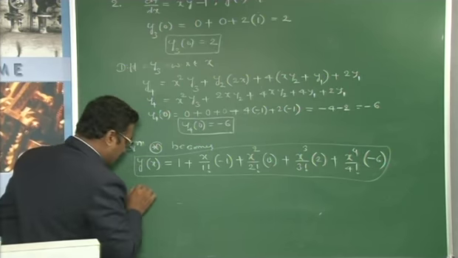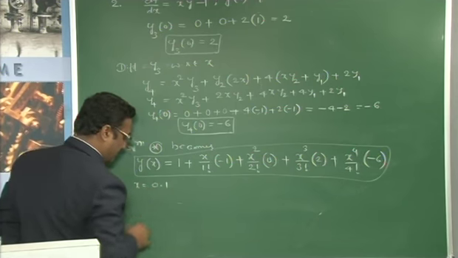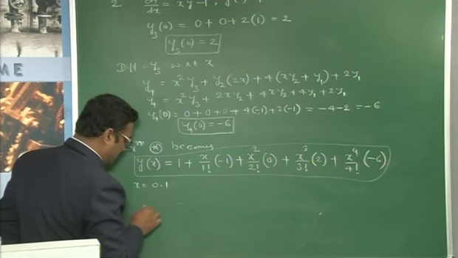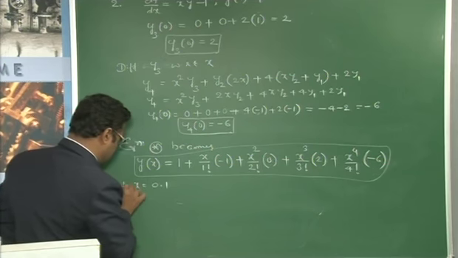Then again you have to find the values at x equal to 0.1 and x equal to 0.2. First put x equal to 0.1.